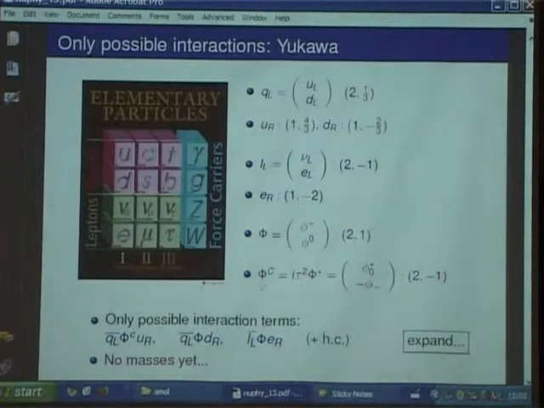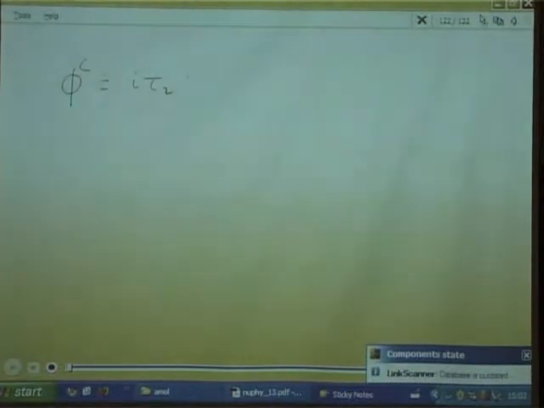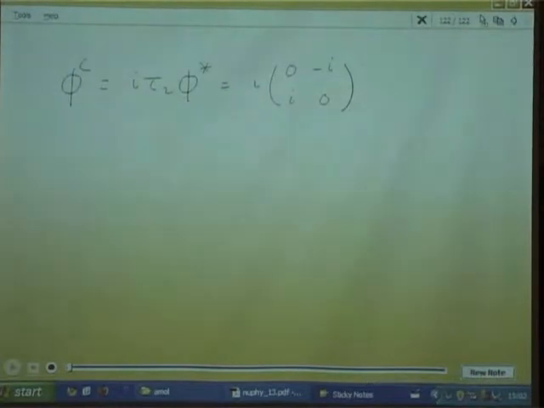Okay. So phi conjugate is i sigma2 times phi star. So let's see what happens. phi star is now phi plus star and phi 0 star.